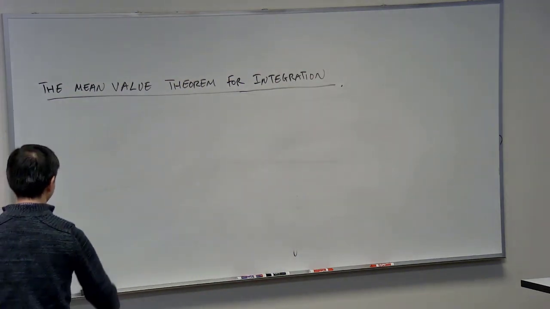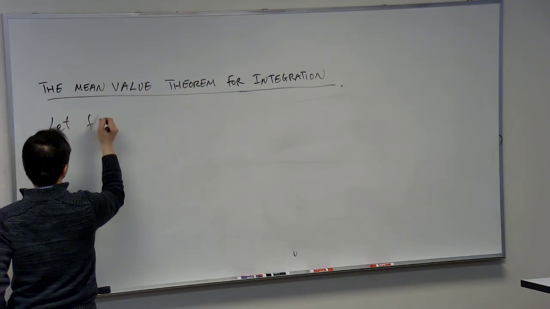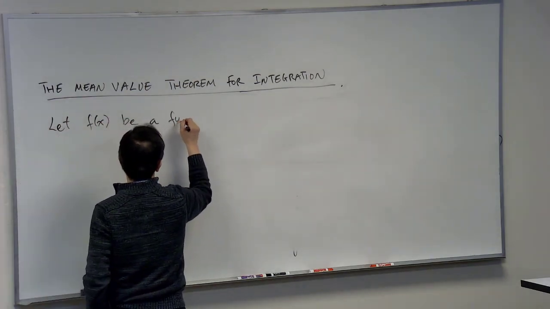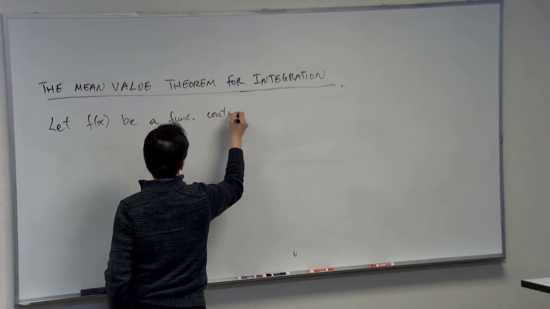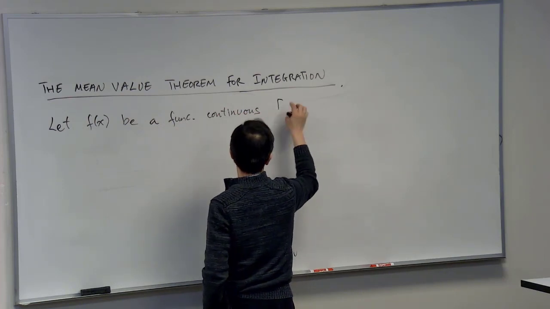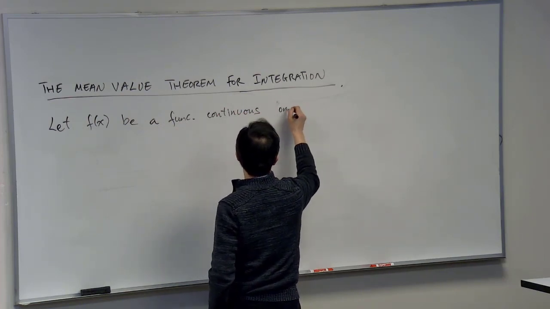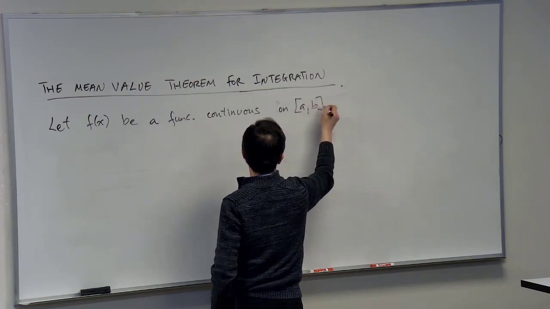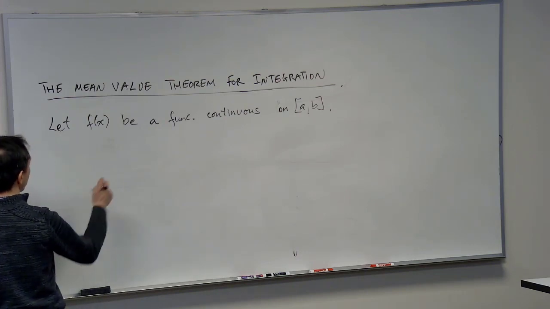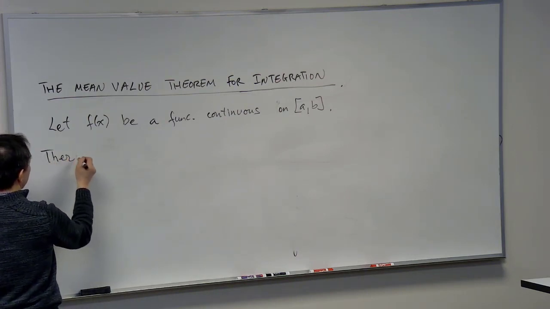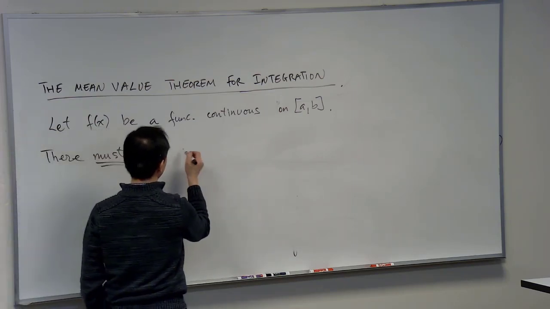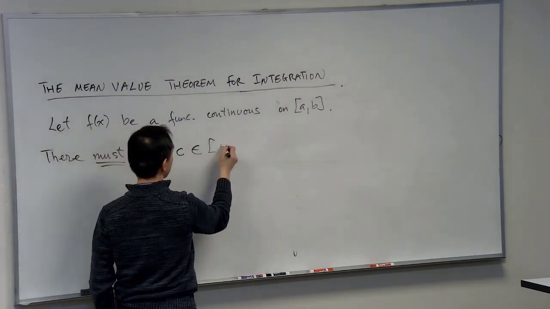So f of x might be a function continuous outside of the interval, I don't care, but at least it's continuous on the interval from a to b, some interval a to b. The mean value theorem now says there must be, as a guarantee, a value c that's staying inside of the interval from a to b.